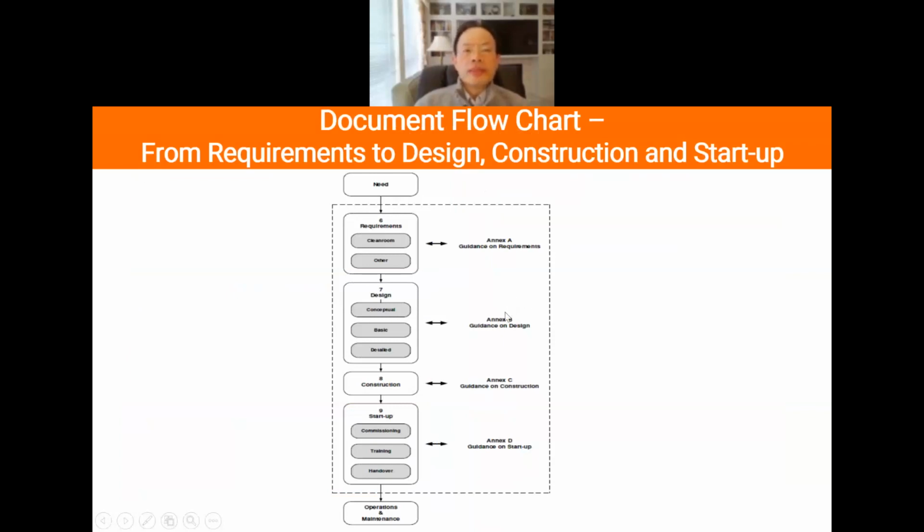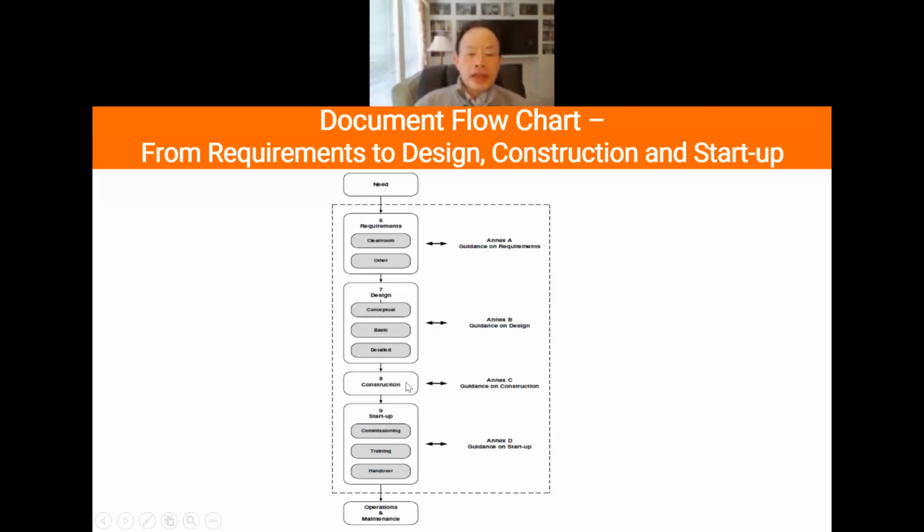In the flow chart, we have Chapter 6 for the requirements, for which Annex A provides supplementary information. Chapter 7 is for the design. You have conceptual, basic, and detail design, and Annex B provides more supplementary information.